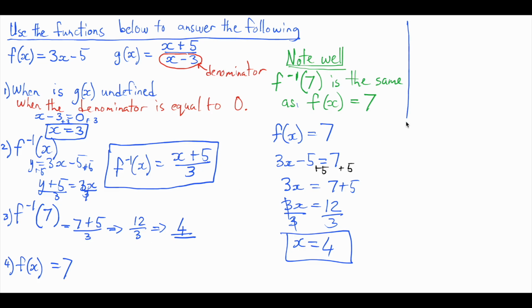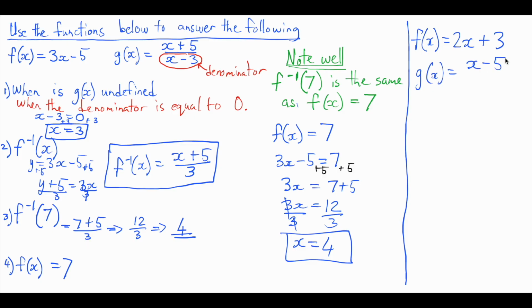Alright, so just for reinforcement, I want y'all to do a fresh one. Same concept. So 2x plus 3 will be your f(x), where g(x) would be (x minus 5) over (x plus 8).